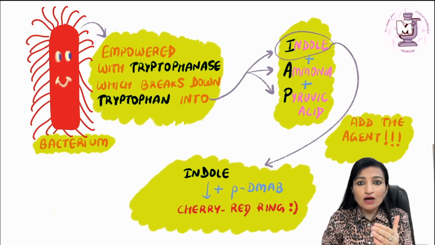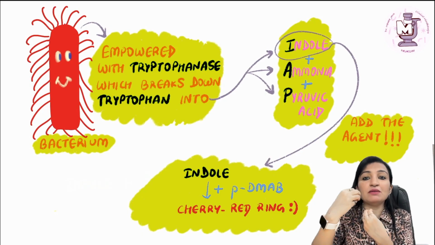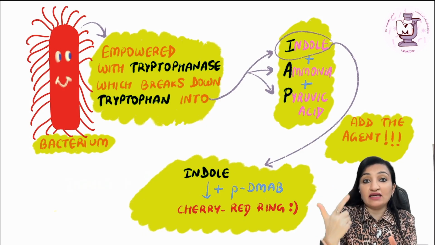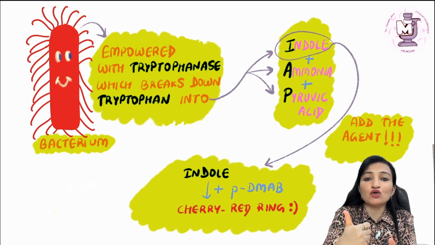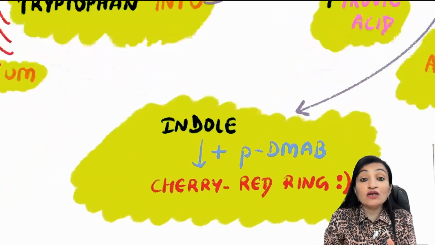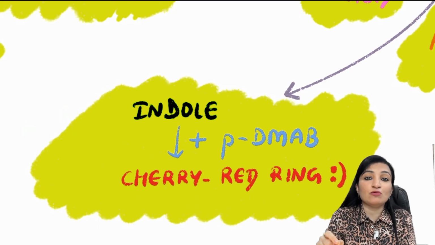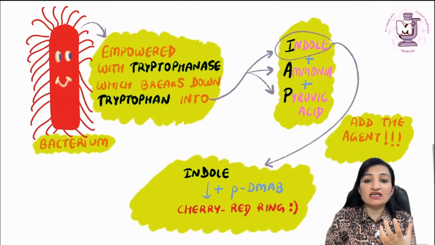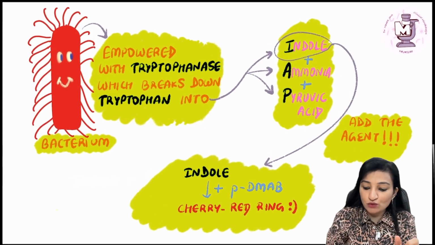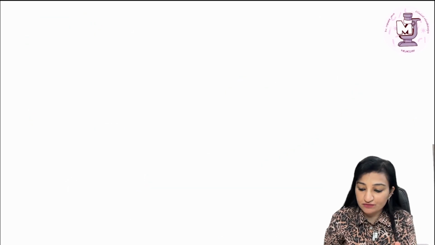To find out that indole has been produced, we have to add a reagent, namely Kovacs reagent or Ehrlich's reagent. Indole is going to combine with the aldehyde part of it, that is para-dimethyl aminobenzaldehyde, producing a cherry red ring, in which case we conclude that the indole test is positive.